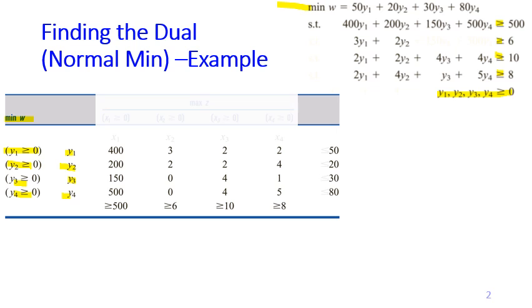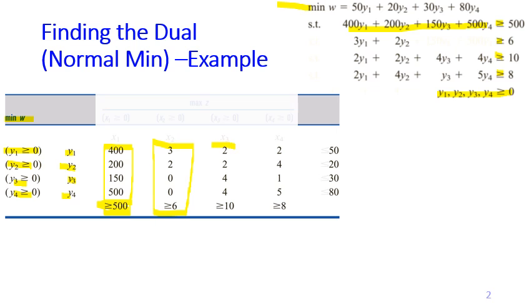And now when you would like to write down the constraints, you need to write the constraints down for each column. Okay, so 400 times y1 plus 200 times y2, 150 times y3 plus 500 times y4 greater than or equals to 500. So for minimization, this is always how you read the table.